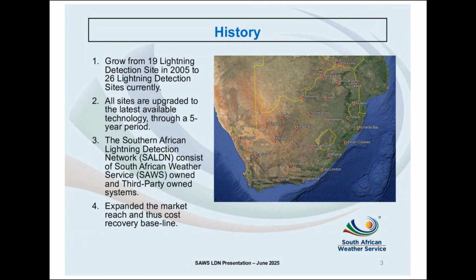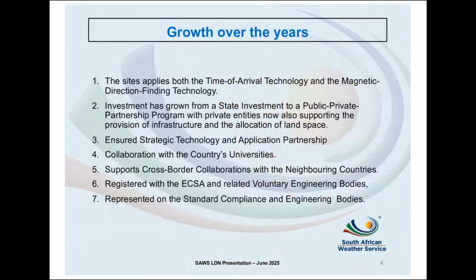The network has expanded and reached the baseline of cost recovery so that we can plow back the funds that the South African government has invested in the network in performing the services to the country.